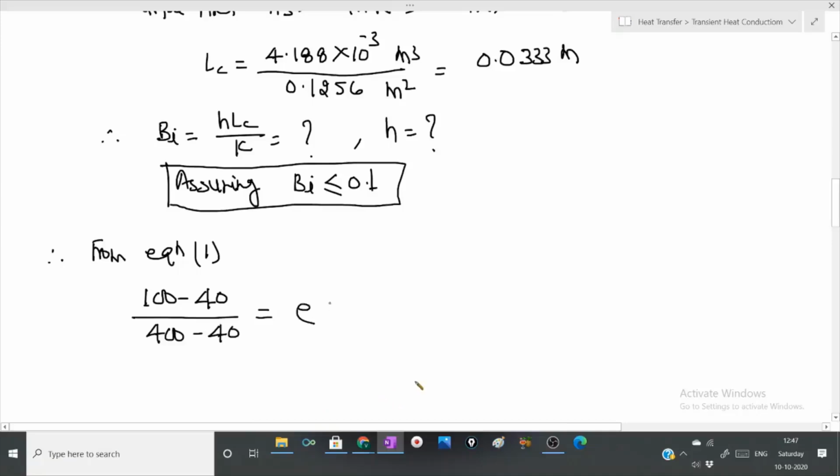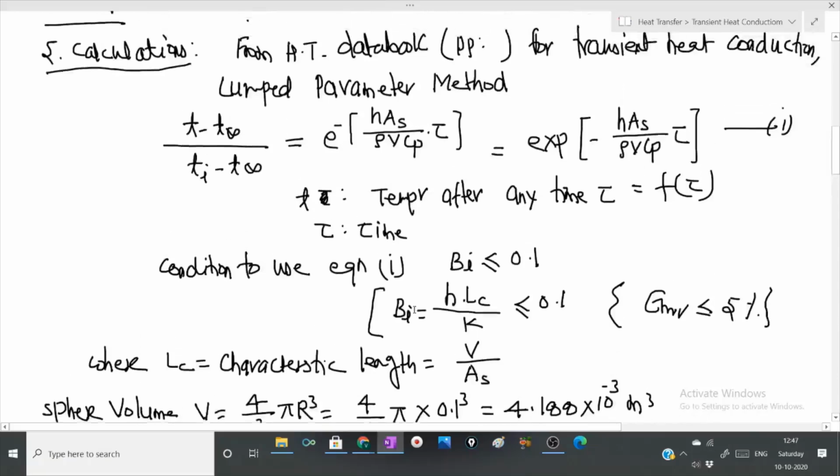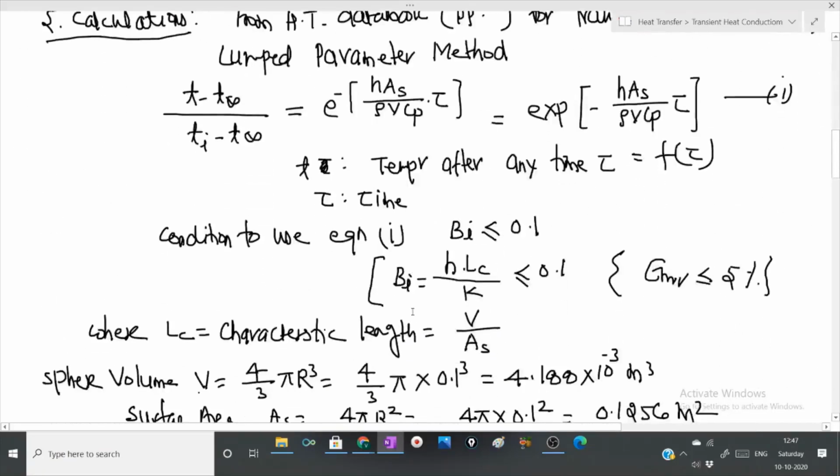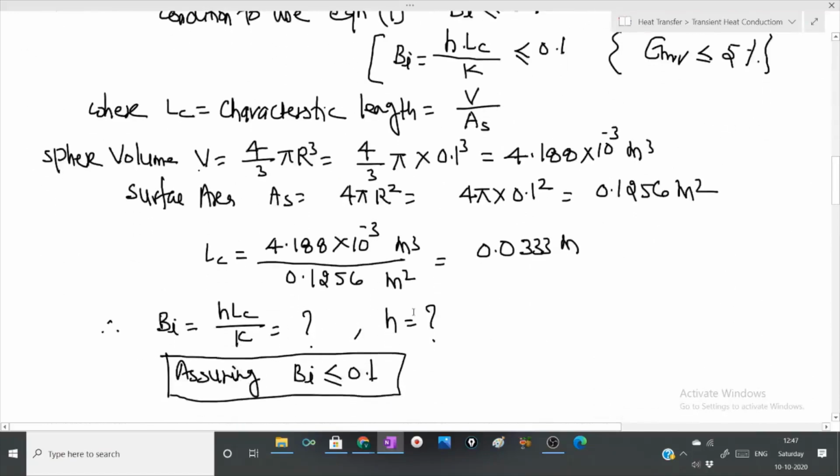And this will be e to power, the value of h is to be calculated. Value of surface area is 0.1256 over rho V Cp. The value of rho is 7000. Cp is 320 and volume is this much.